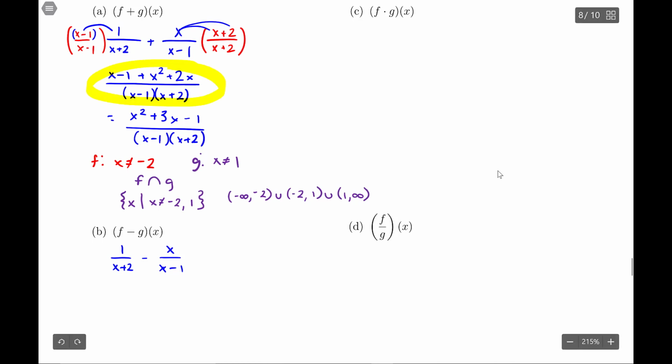So instead of this line right here, what we would end up with is x minus 1 minus (x squared plus 2x) all over (x minus 1)(x plus 2).